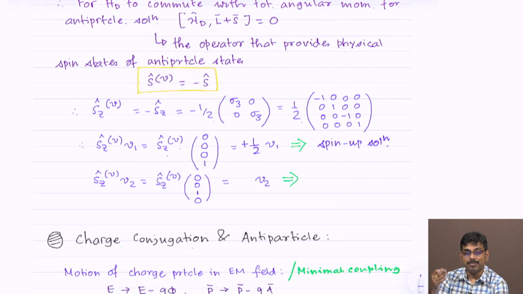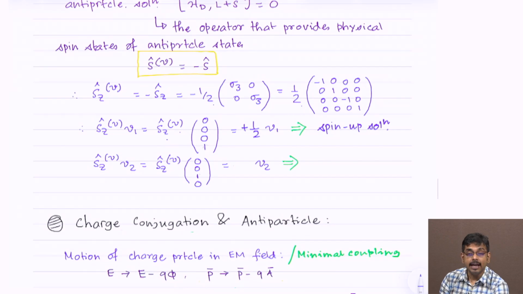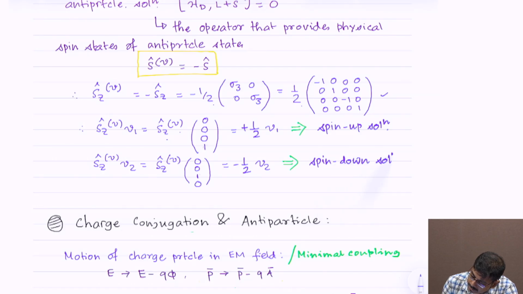So, spin up antiparticle. Similarly, if you act Sz V on V2, then what do you get? If you operate this and do the matrix multiplication, you are going to get minus half V2, which is the spin down solution. So, you can clearly see that, as with the positive energy and negative energy solutions, the way the spinors were arranged was changed.